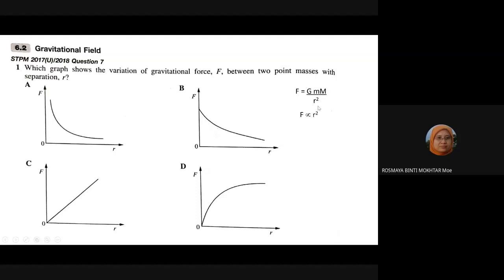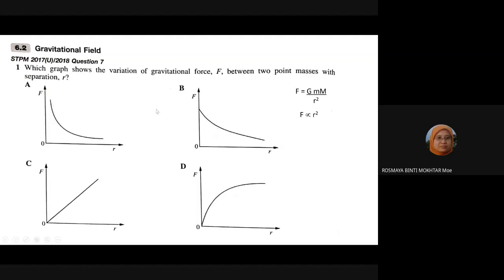So this means that G is a constant value, M also constant value. Therefore, F is inversely proportional to R squared. This one is wrong. Inversely proportional to R squared, so inversely, this is decreasing.